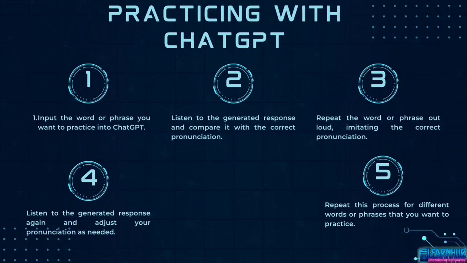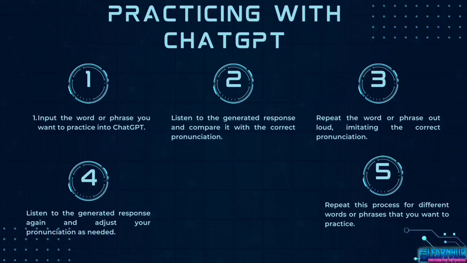So, vocabulary building with word guessing games. ChatGPT can generate word guessing games where you have to guess the correct word based on the clues it provided. This can be an excellent way to improve your vocabulary as you learn new words and reinforce your existing knowledge through context and clues.